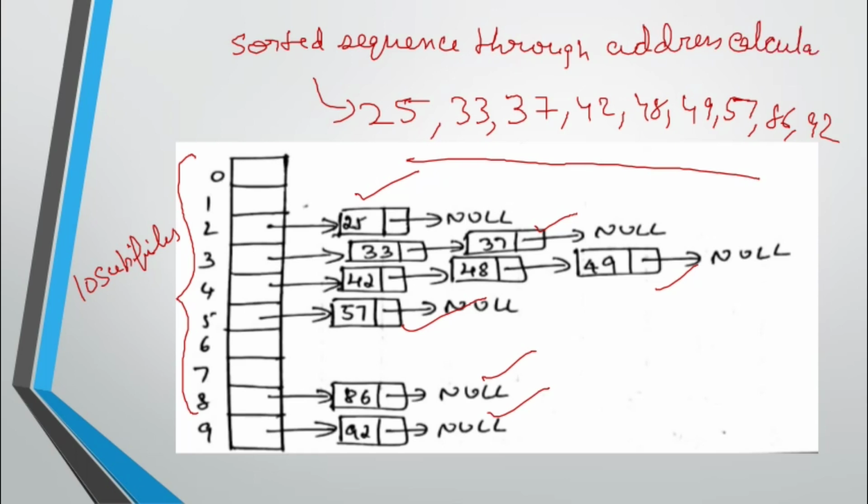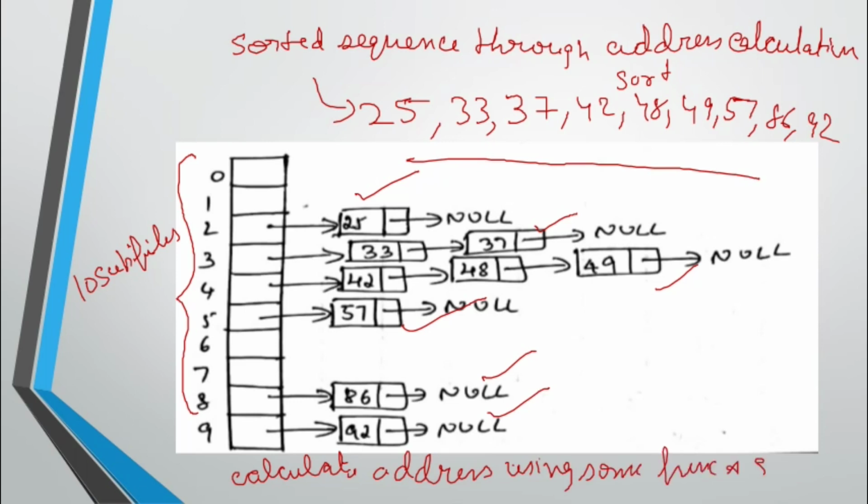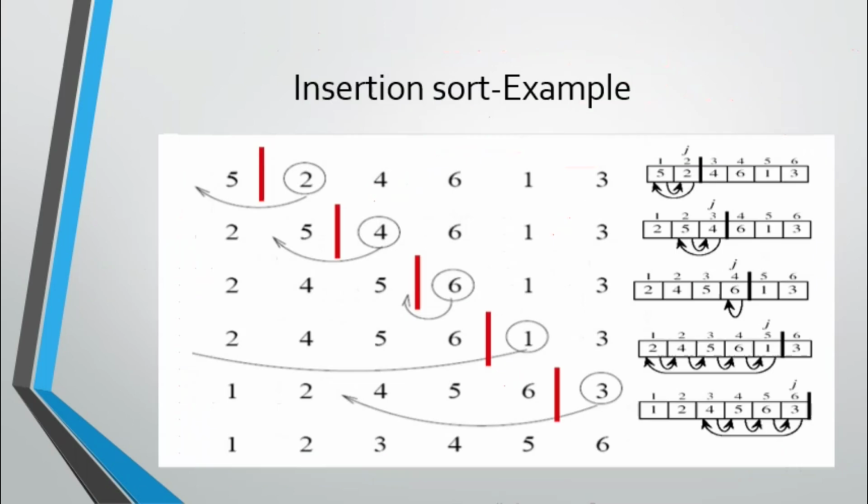So basically what you are doing is calculating the address using some function and storing it in a subfile, in order. So that is what you did here. That is about the address calculation sort.